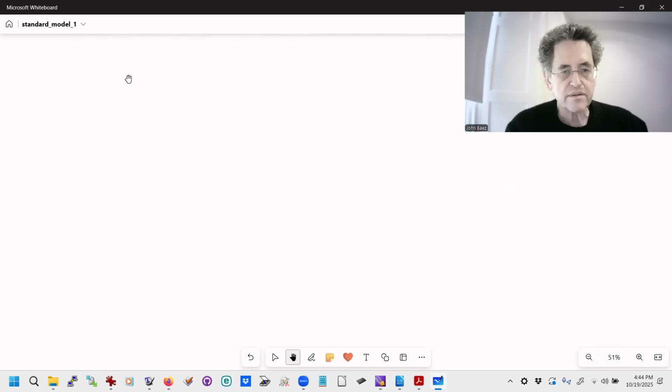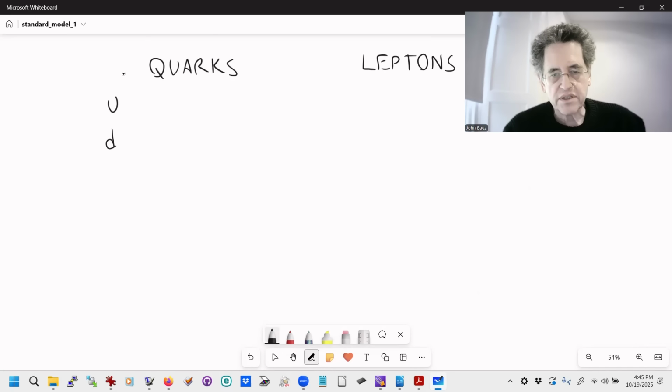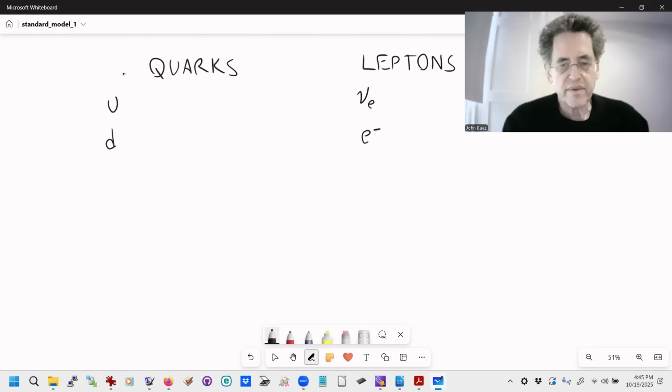So we have quarks and we have leptons. So instead of hadrons and leptons as before, we have quarks and leptons in the more modern understanding. We have this up quark and this down quark. We have this electron neutrino and the electron.